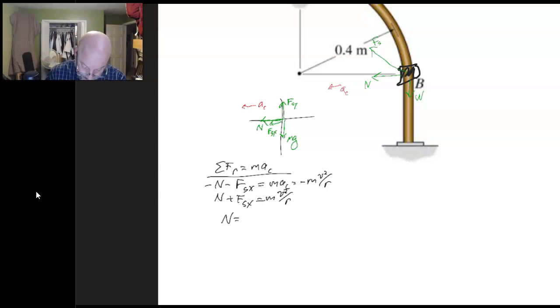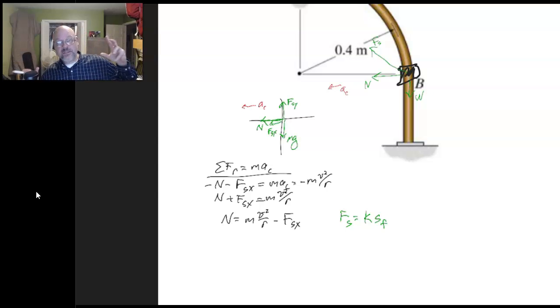So N is m v squared over R minus the force of the spring in the X direction. Let's talk about that term. F_s is just going to be k times s final, so how far it's stretched. But what we need is the X component.